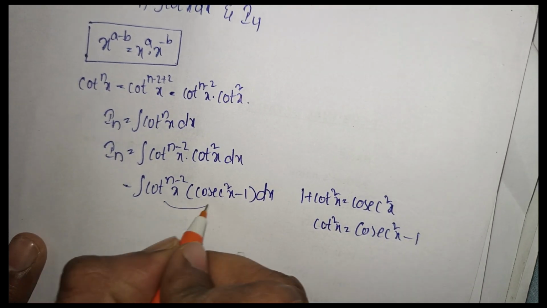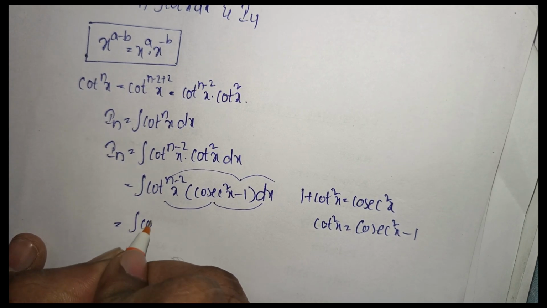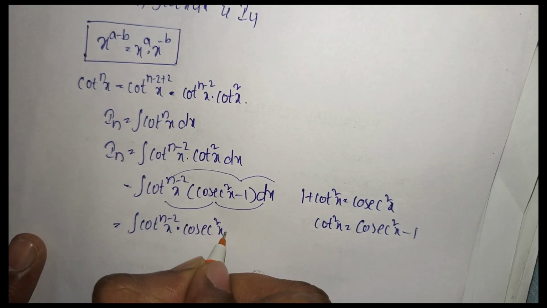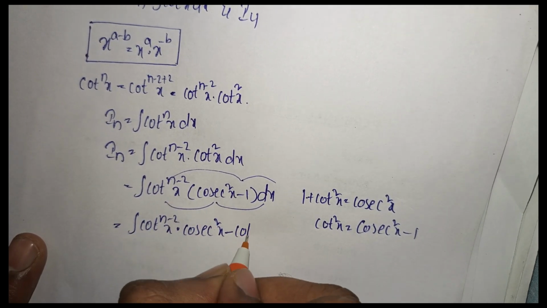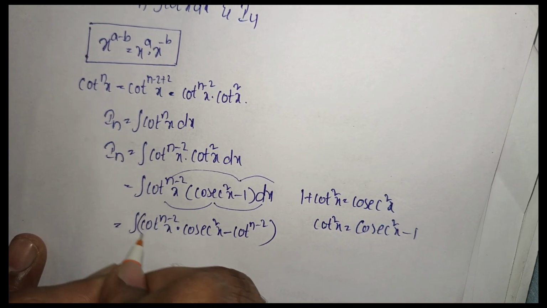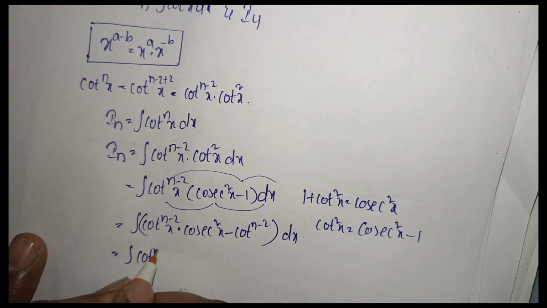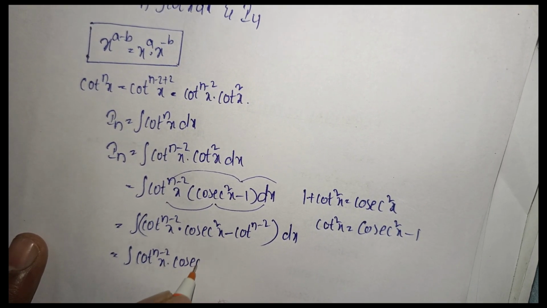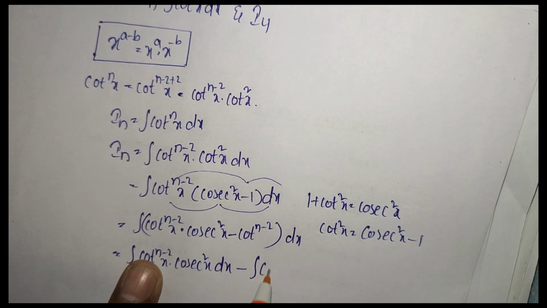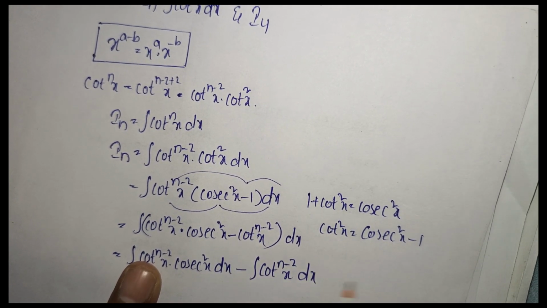Now multiply cot to the power of n minus 2 x into cosecant squared x minus 1, whole dx. Now multiply: cot to the power of n minus 2 x cosecant squared x dx, and separate the integration as well, minus the integration of cot to the power of n minus 2 x dx.